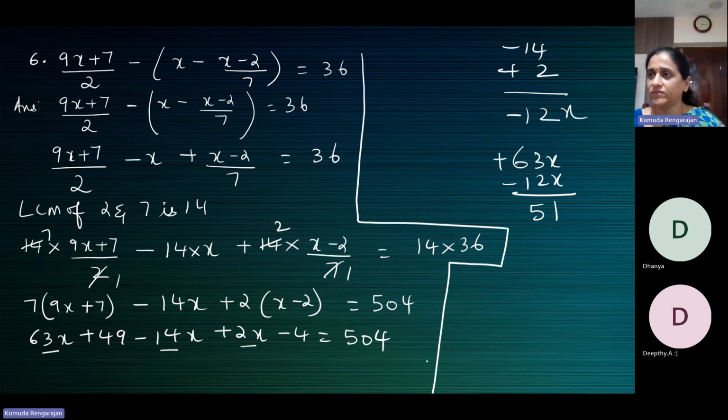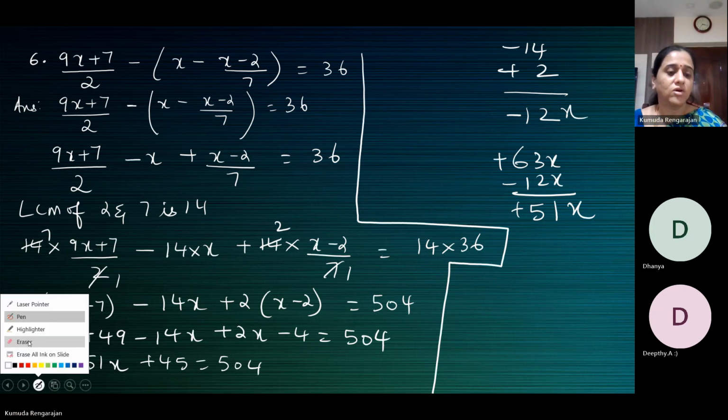Subtract, 51 we get, and put the sign of the greater number. Plus 51x. So when you simplify all the x terms, you get plus 51x. Then we have plus 49 and minus 4. Different signs, subtract, and put the sign of the greater number. Plus 45 is equal to 504.